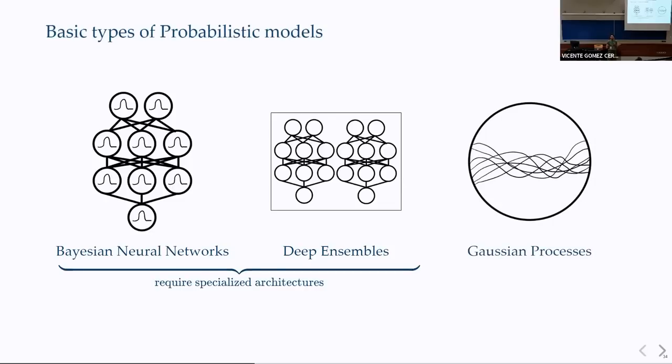There is a third type of probabilistic models, Gaussian processes, which are different in what we should change for them to work on these non-Euclidean domains. They would require specialized kernels. So there are these 3 types of models that people use very often.